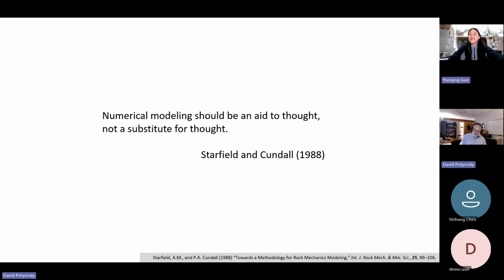And that's not the case, especially in rock mechanics, because there is so much uncertainty in the input, that even if the physics of rock was 100% properly mimicked in the model, there's still not precise knowledge of all the properties.